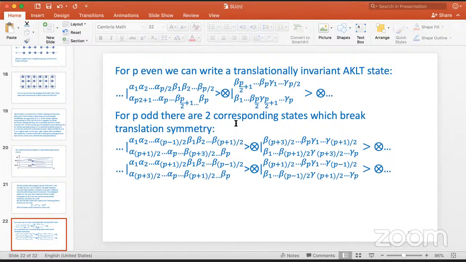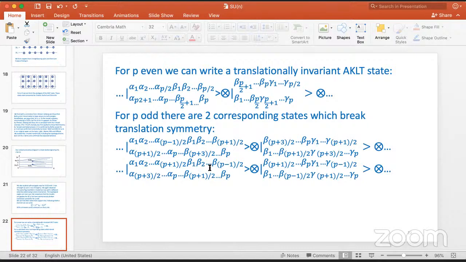For p odd, there are 2 corresponding states with broken translation symmetry. So this is for p odd. So now we have beta 1 up to beta p plus 1 over 2, and then we have beta 1 to beta p plus 1 over 2. But now we have beta p plus 3 over 2 up to beta p and beta p plus 3 over 2 up to beta p.